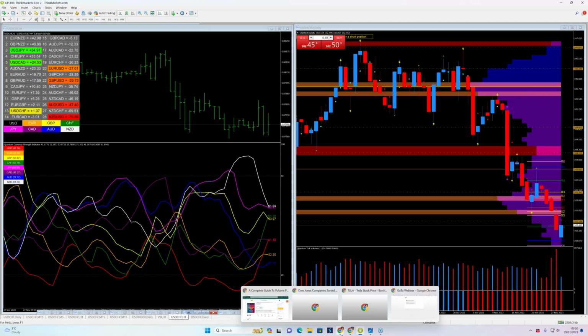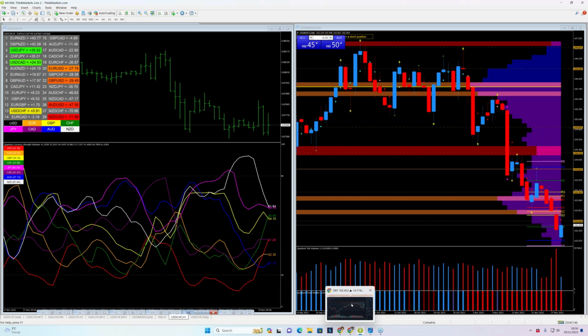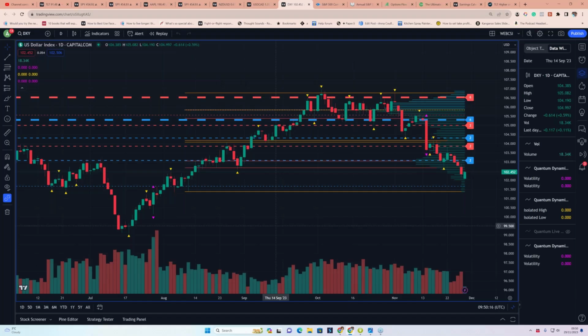If you came to I think it was last week or the session before that, we looked at the Dixie, and I'm actually going to show the Dixie here on Trading View because I prefer it. I have it on my MT4 platform, but I just want to show it here on Trading View.